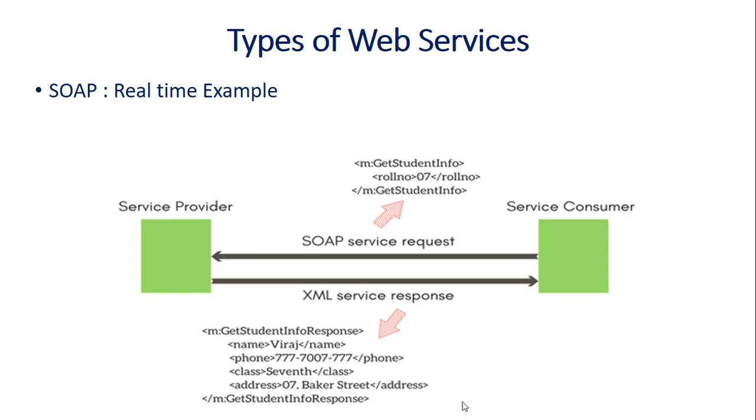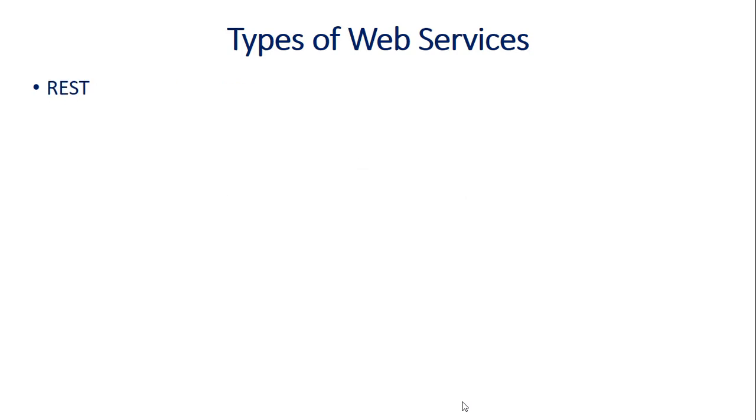The second type of web services is REST, wherein REST stands for Representational State Transfer. REST is not a set of standards or rules, rather it is a style of software architecture. The applications which follow this architecture are referred to as RESTful. Unlike SOAP, which targets the action, REST concerns more the resources.